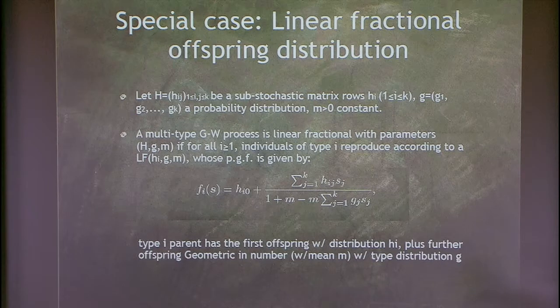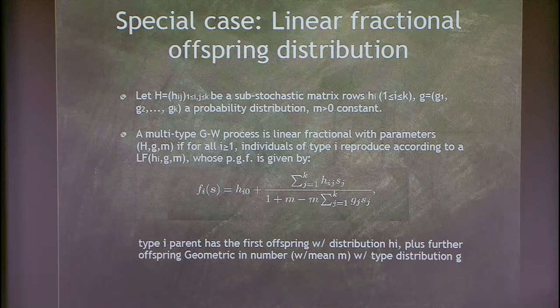In a single type setting, again, it is a linear fractional distribution, but here it's extended to multiple types. The reason why it's particularly nice is that the dependence on the parent type is seen only in one offspring, which you place first in this embedding.